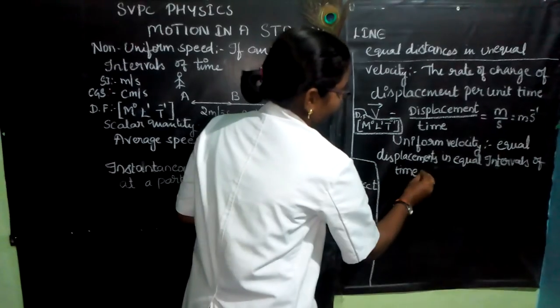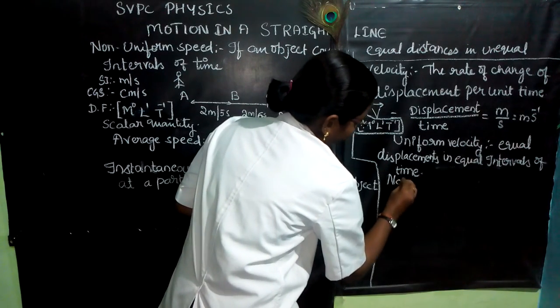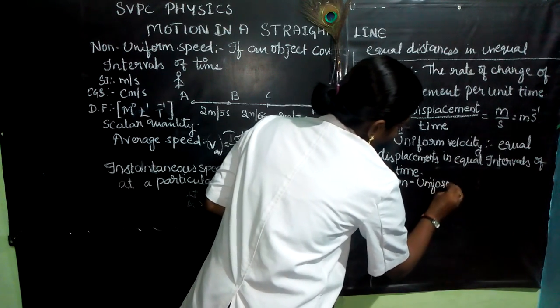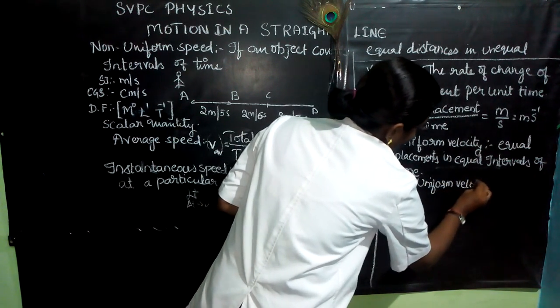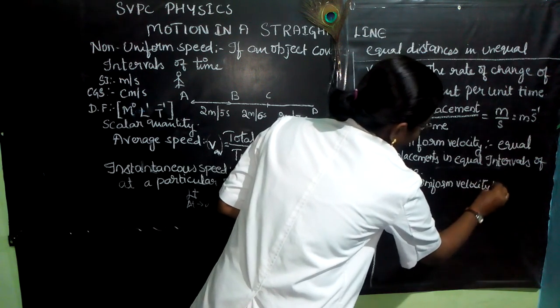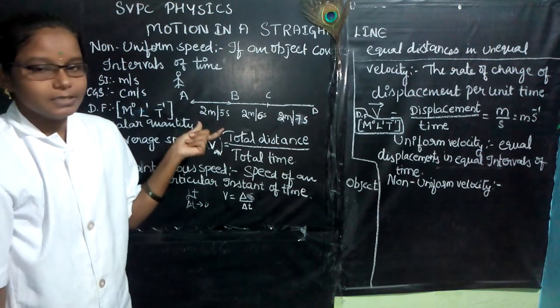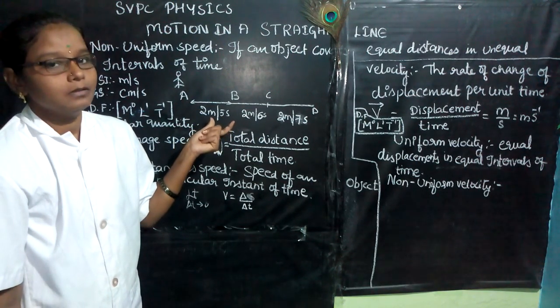Coming to non-uniform velocity. Suppose we take the same example, only I need to mention the direction.